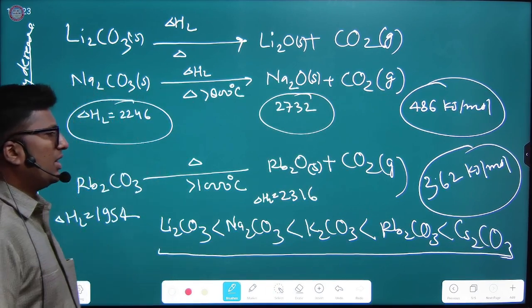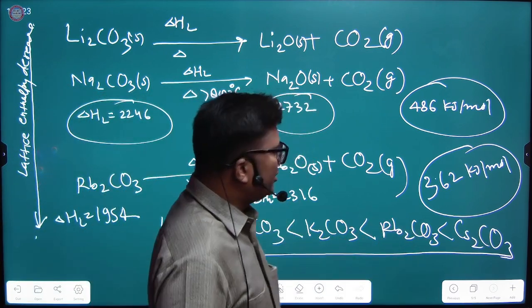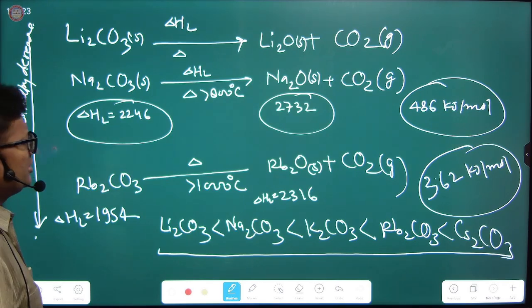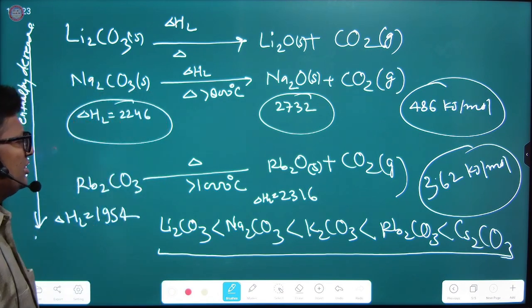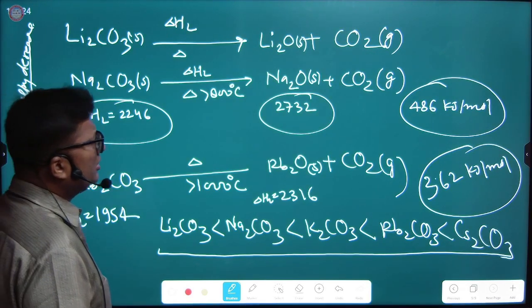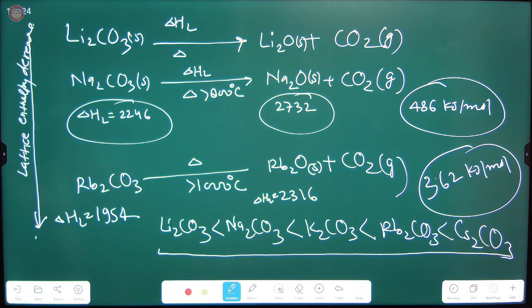Okay, so that is why Rb2CO3 always decomposes at higher temperatures, greater than 1000 degrees centigrade. So in this way we can estimate the stability of any ionic compounds through the knowledge of lattice enthalpy, which is calculated from the Kapustinskii equation, right, where the experimental lattice structure is not known and only ionic radii are available as data.